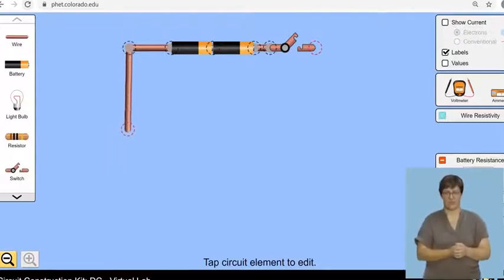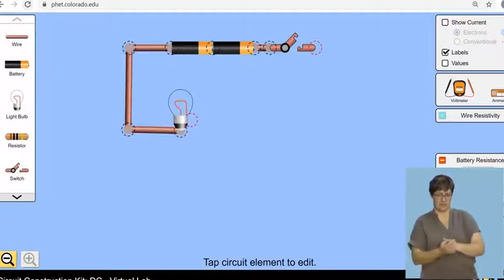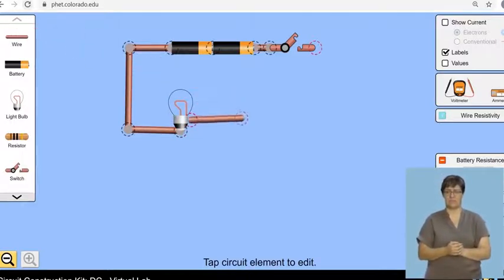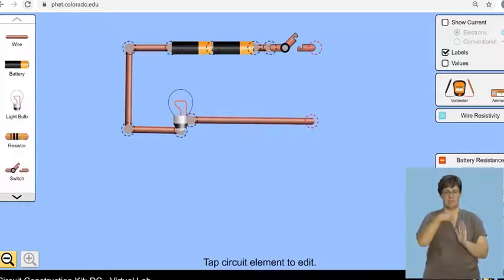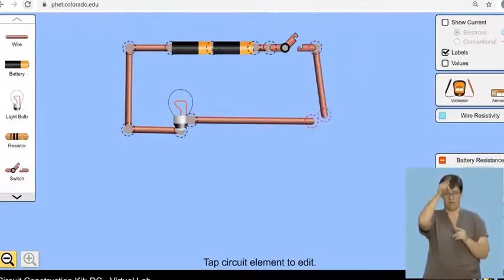And then we can have another one, okay? And then we can also have a light bulb, okay? Just to show the energy transformation that takes place, okay? There is our light bulb, and then we will complete the circuit by connecting another piece of conductor.